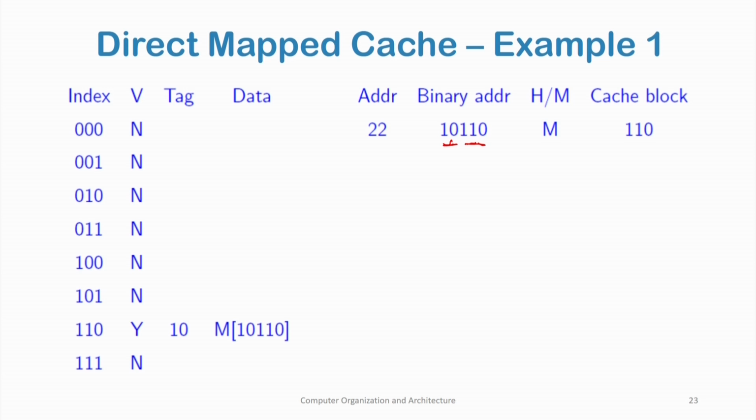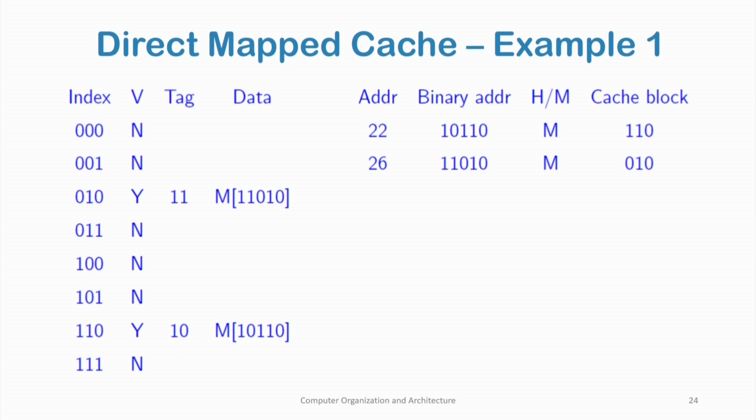We retrieve it from the main memory and put it at line 110, and the tag is 10. When the next address 26 is accessed, we again have a miss. The corresponding binary address is 11010, so we put it at line 010 with the tag 11, which is the 2 most significant bits, taking it from memory and putting it in this cache line.